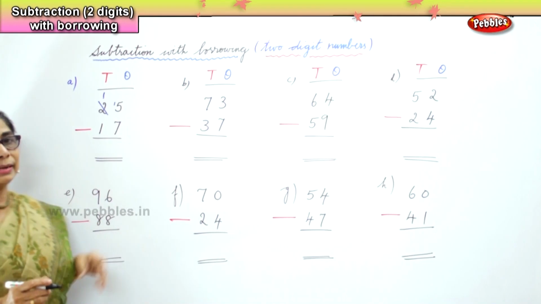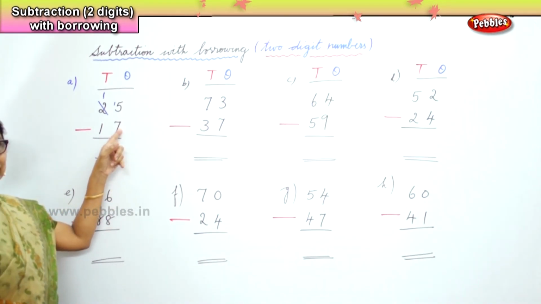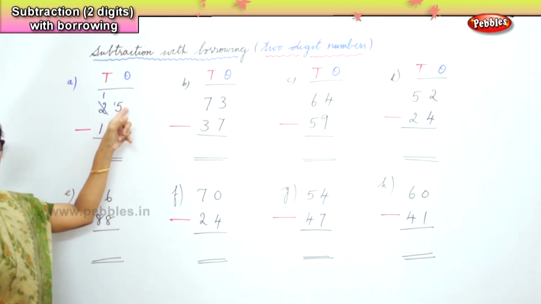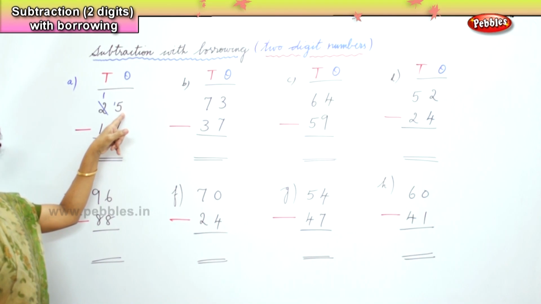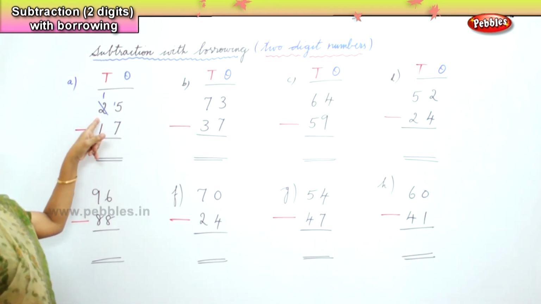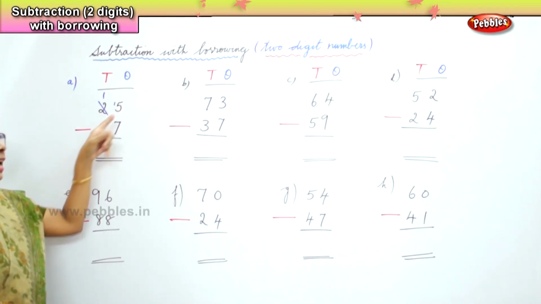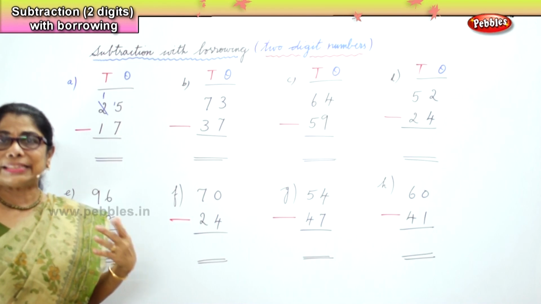So in this case, 15 take away 7. Alright? You cannot take away the big number from the small number. So since 5 is smaller than 7, we borrow 1 from the tens place, which is 10, plus 5 is 15. Now 15 take away 7.